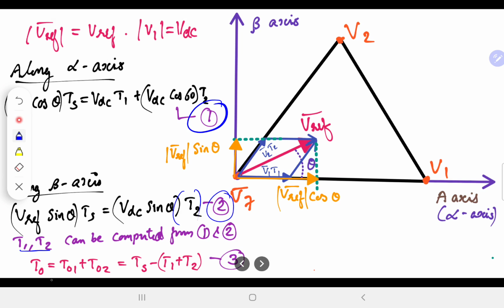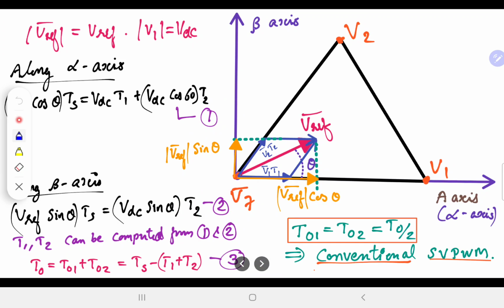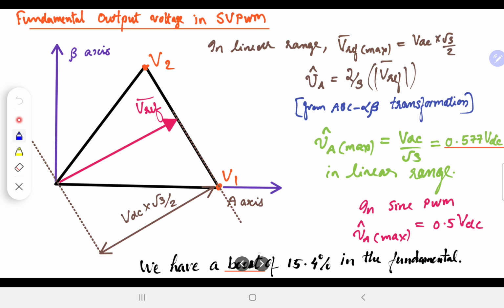And once you compute both of them, the t0, which is equal to t01 plus t02, will be ts minus t1 plus t2. Now, if you choose t01 and t02 to be exactly equal and half of the total period, then we call it the conventional space vector PWM.